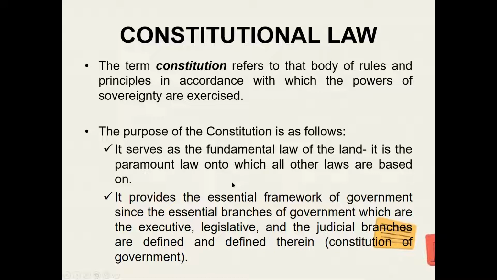Di ba? We have 3 branches of government: the legislative, the executive, and the judicial department. We will deal with them one by one later on. Okay, so without this framework, we would be confused, no? Or our public officials would not know how they are going to provide services for the people. Okay.